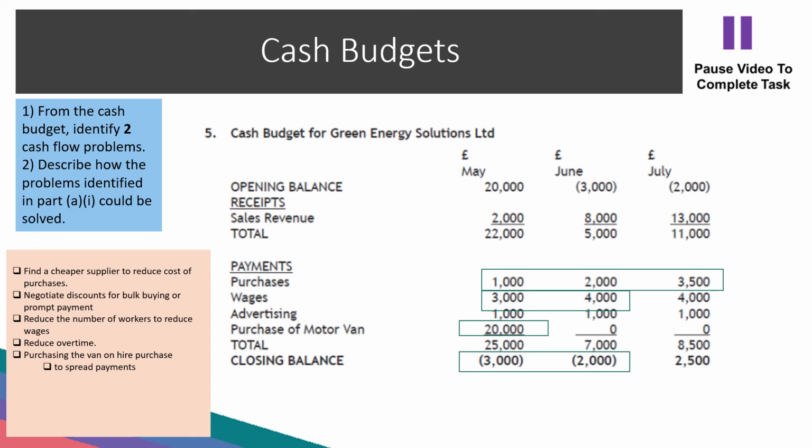Now, when you're purchasing the motor van, let's just say you needed it. Instead of purchasing it outright, you could hire a van, and then that would allow you to spread the payments over the months rather than have that one big lump sum of 20,000.